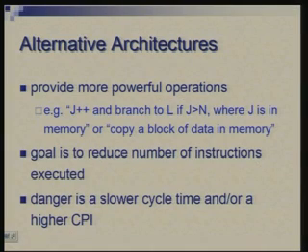But the danger, the flip side of this, is that the instructions may become slower. You may not save time on the whole. On the contrary, it may make the machine slower, either by slowing down the clock cycle. Okay. As you know, each processor works with a certain clock.